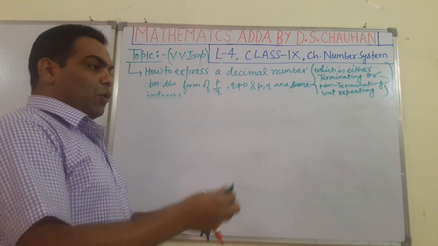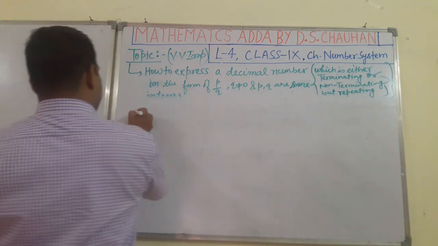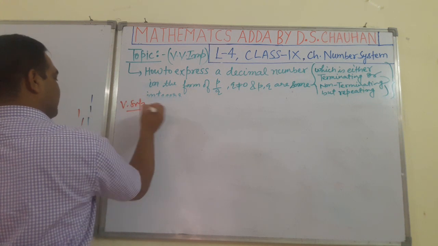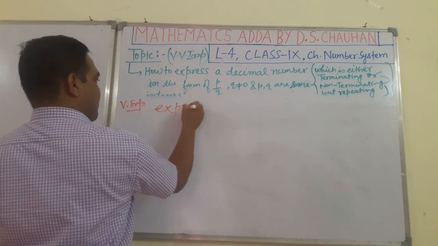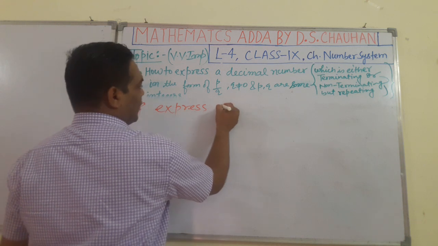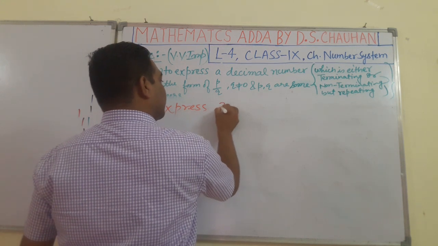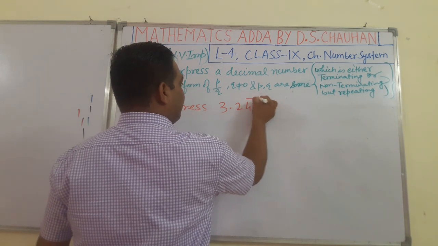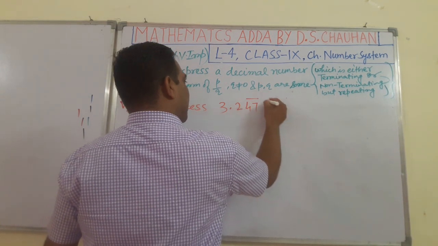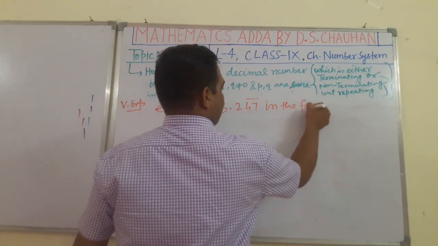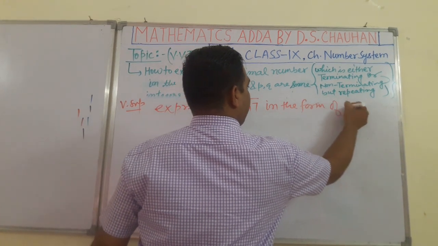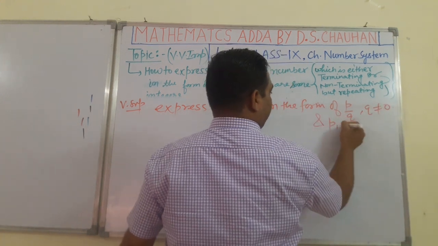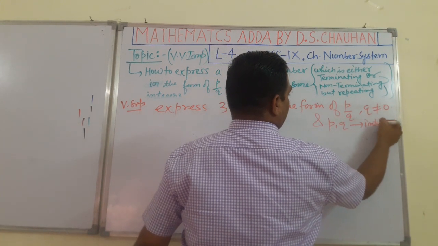See students, some more questions, try to understand. This is a very important question. Express 0.247 bar in the form of p by q, where q is not equal to 0 and p and q are integers.